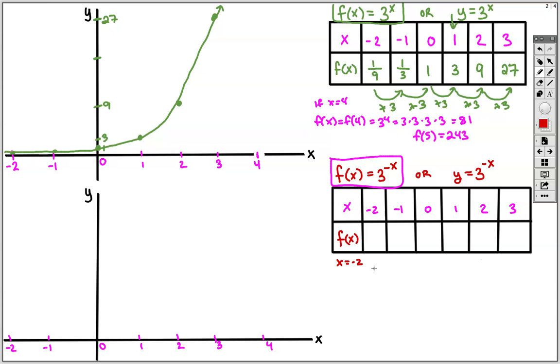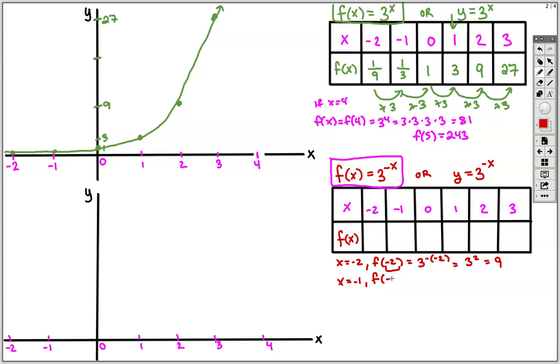When x equals -2, f of x is equal to 3 to the negative, and you just remember, you plug in -2 where x is. That's the same as 3 to the negative times negative, which is a positive, so it's 3 squared, and that's 9. And let's see what happens when x equals -1.